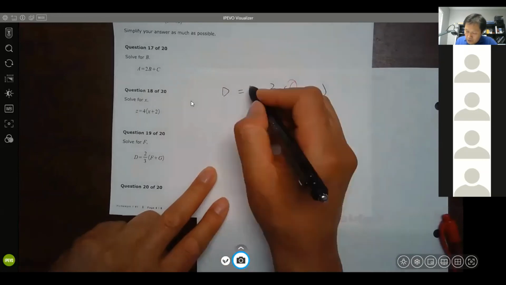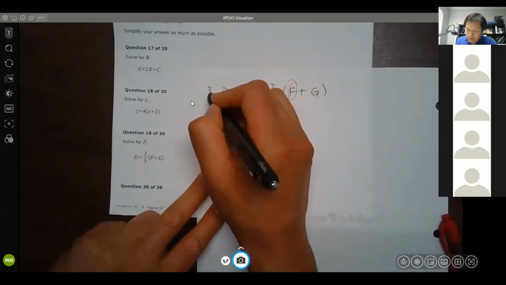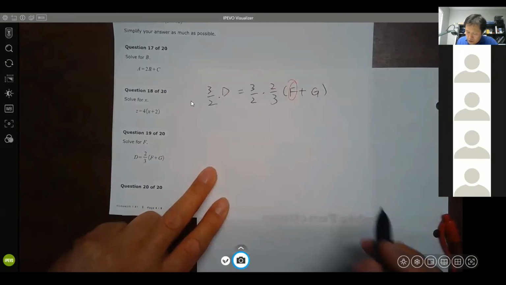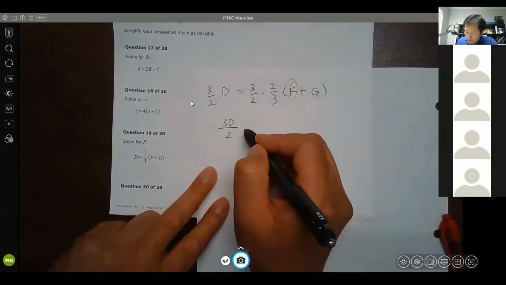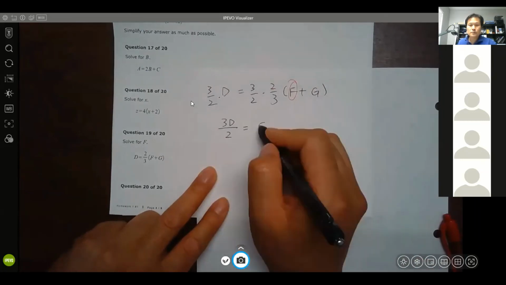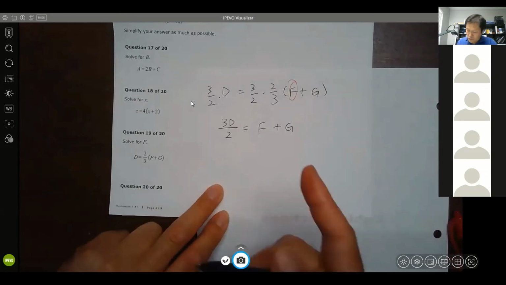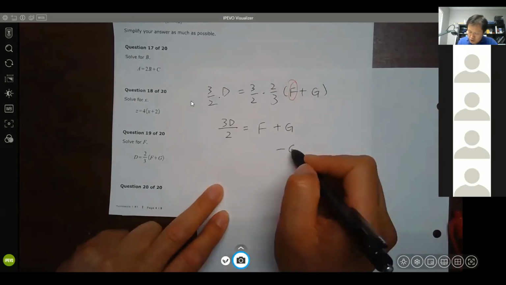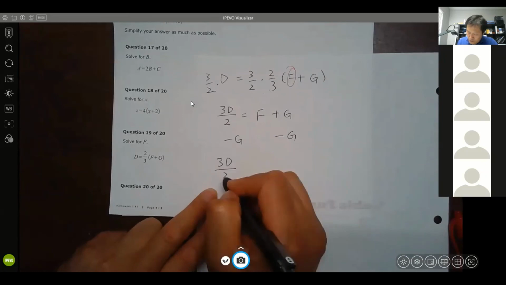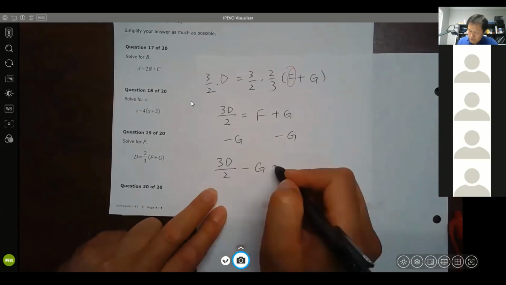I'm going to multiply by 3/2 on both sides. You get 3D over 2 equals F plus G. Solving for F, I'm going to do minus G. 3D over 2 minus G equals F. I'm done here.